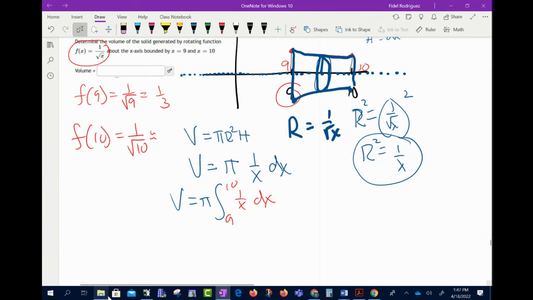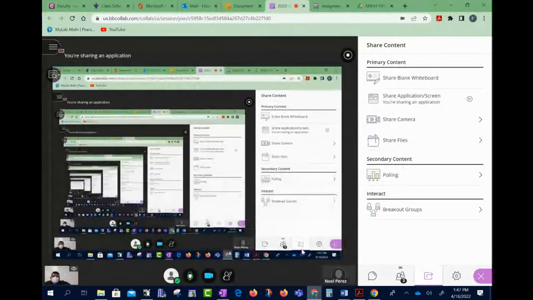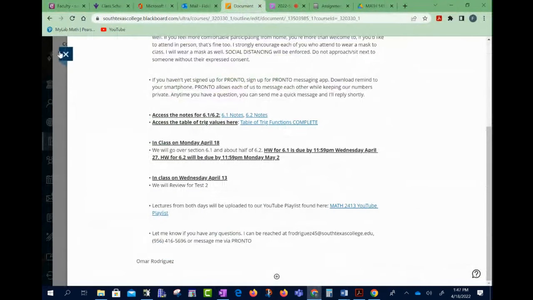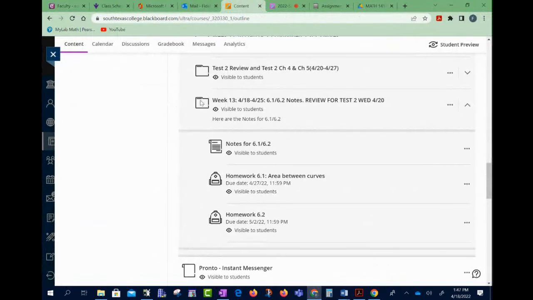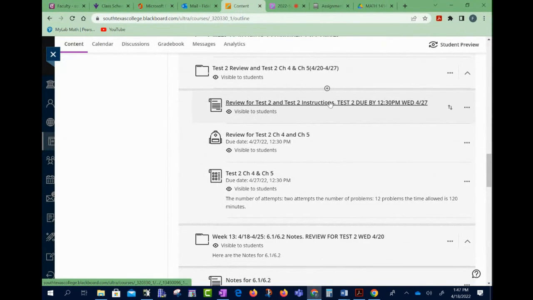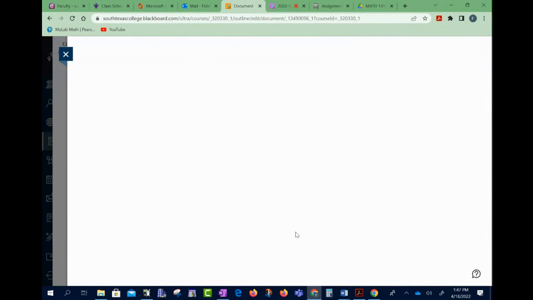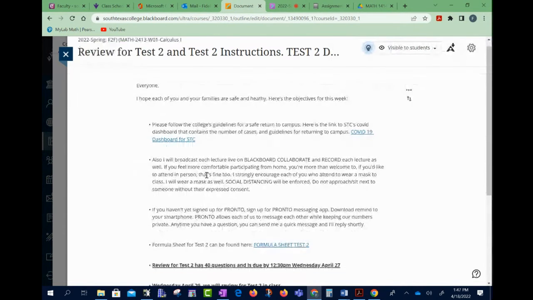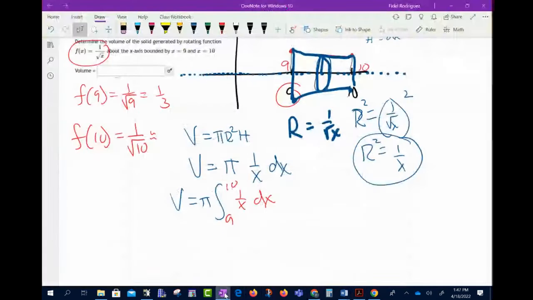If you don't, that's okay. I thought I put it in the formula sheet, but I don't know. I'm going to check right now. But remember, it's x to the negative 1, John. Very good. There you go. Say it again. Natural log of x.